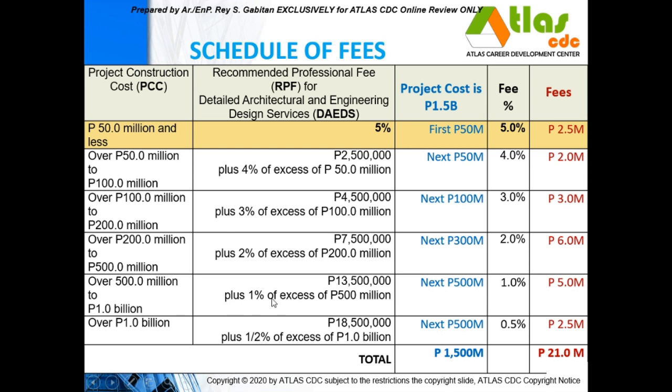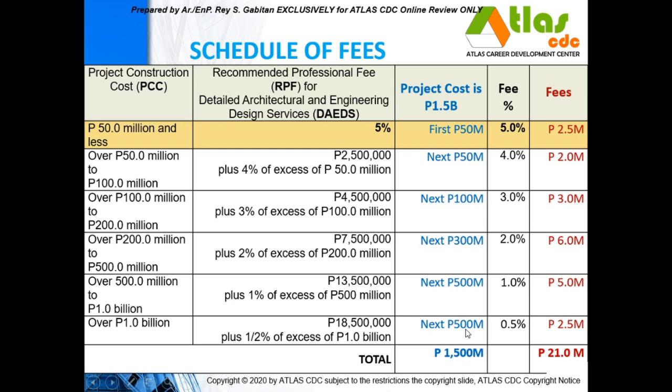So 1% of 500 million is 5 million. And over 1 billion peso, since you have 1.5, so over 1 billion is 500 million. That is computed at 0.5%.